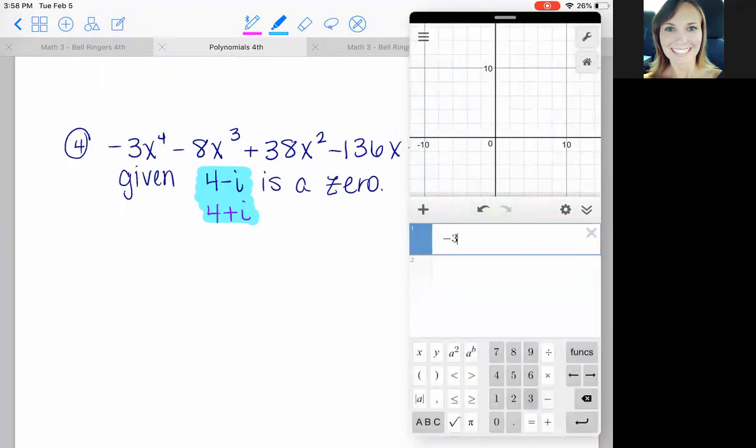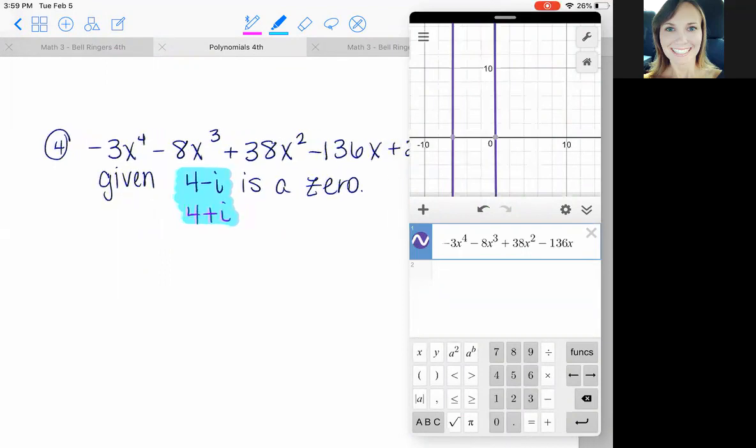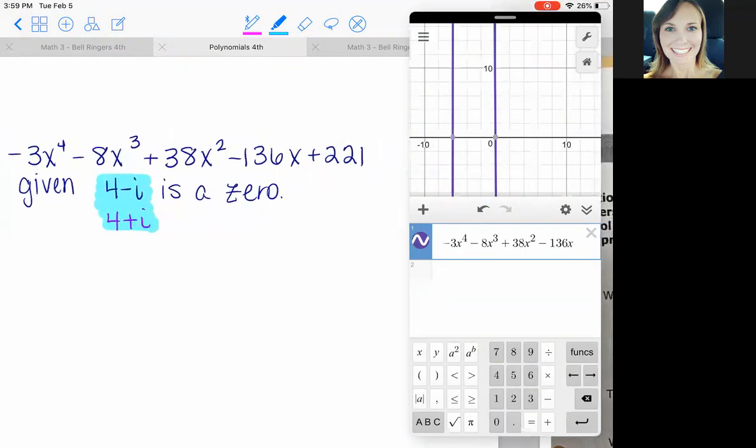So I have negative 3x to the 4th minus 8x cubed plus 38x squared minus 136x plus 221.